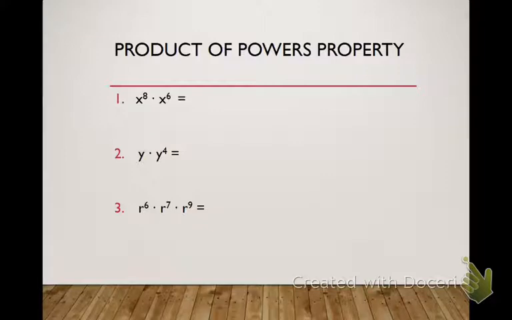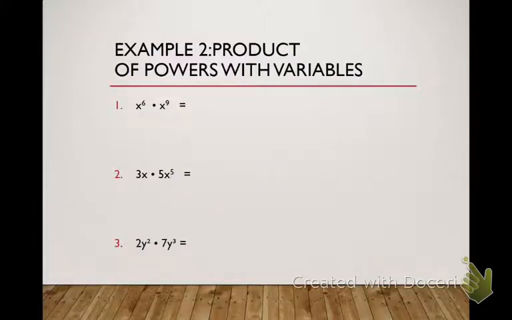Okay, product of powers with variables. Numbers and variables. So if I had 2x to the 6th times 3x to the 9th. Now, instead of having a single term, I have 2 terms here. But notice that only one of them is raised to a power, which is the x.